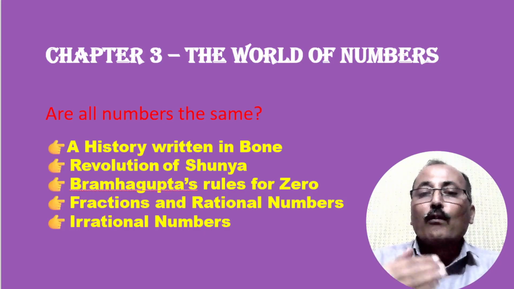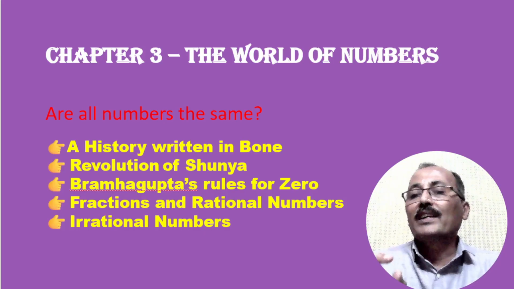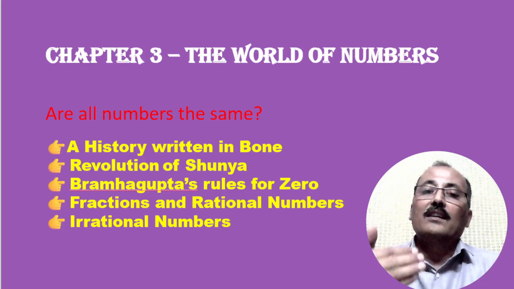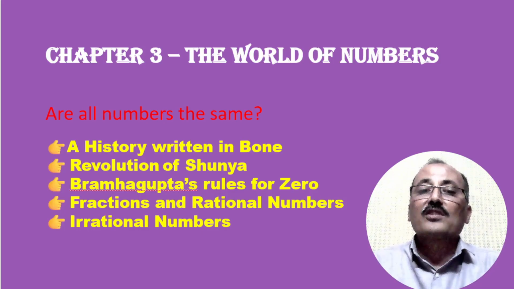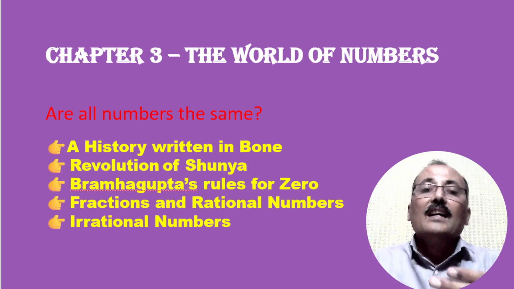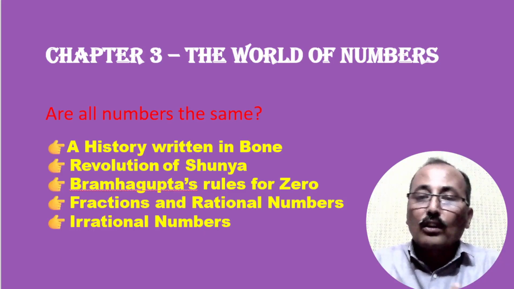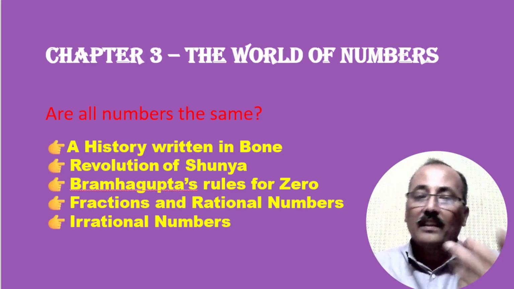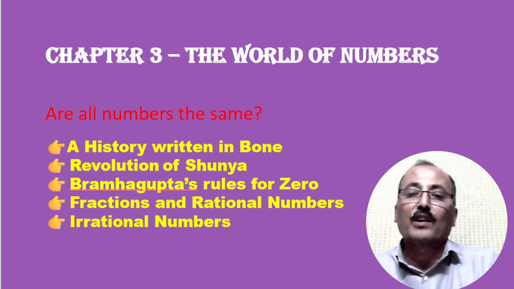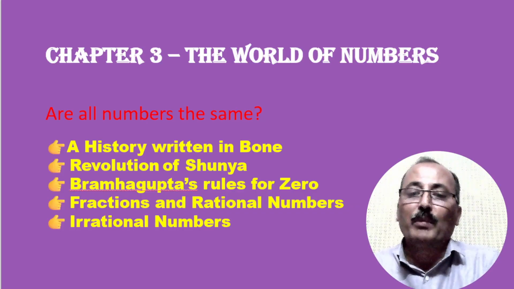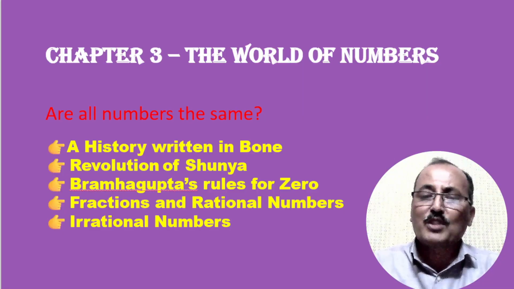Next, revolution of shunya. What is that shunya? Zero. Revolution of shunya, how it started. In the previous videos of class 8 itself I spoke about the invention of zero by Aryabhatta and the rules given by Brahmagupta. That's Brahmagupta's rules for zero. Next, they are introducing fractions and rational numbers. Yeah, sure, world of numbers means what is that?